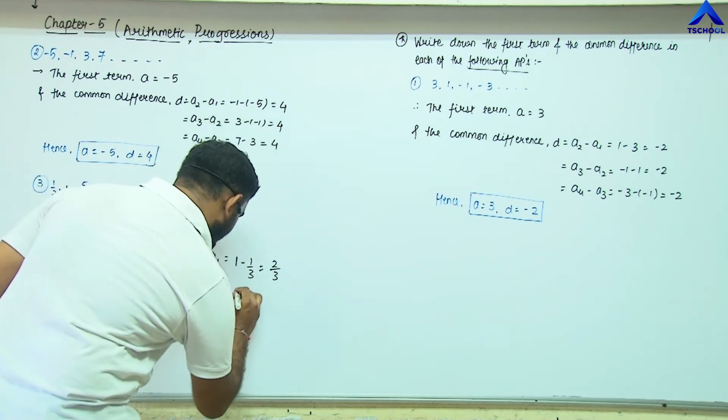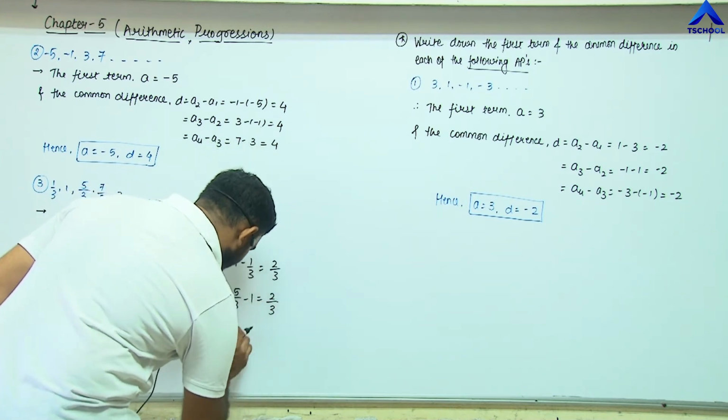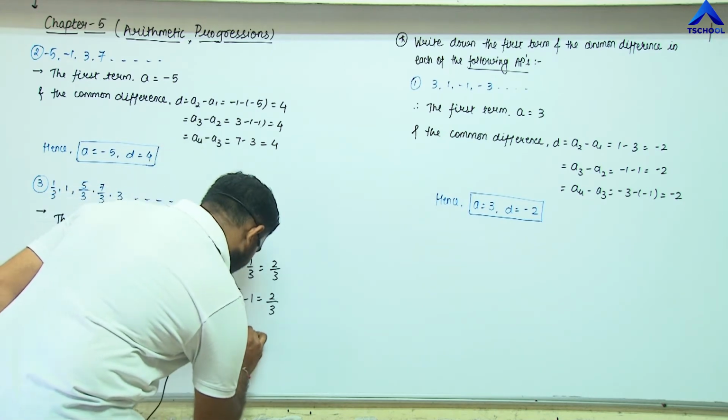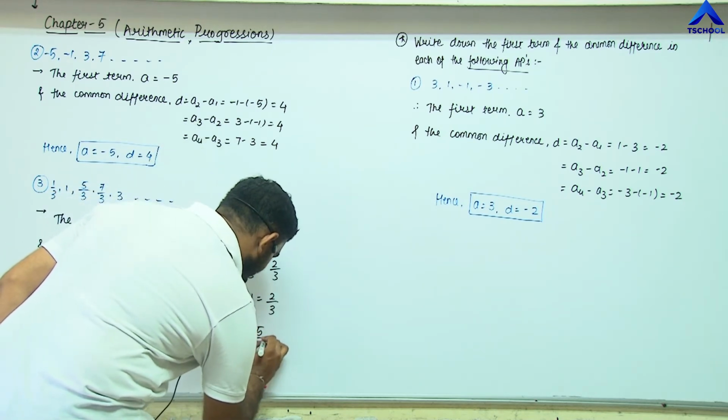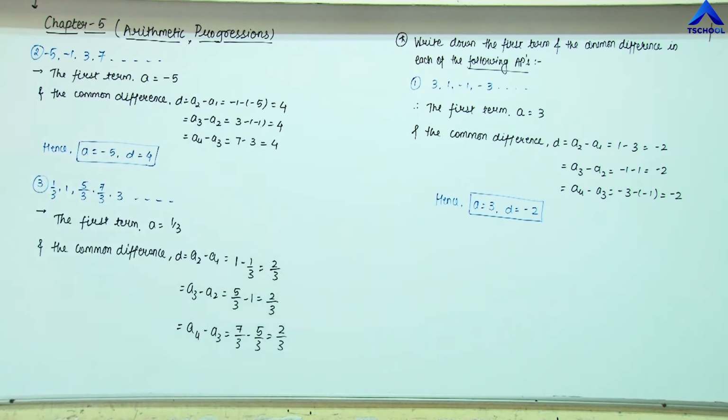Similarly, if I write 5 by 3 minus 1, that is also 2 by 3, and if I write a4 minus a3, that is 7 by 3 minus 5 by 3, which is again 2 by 3. So we got the common difference same.